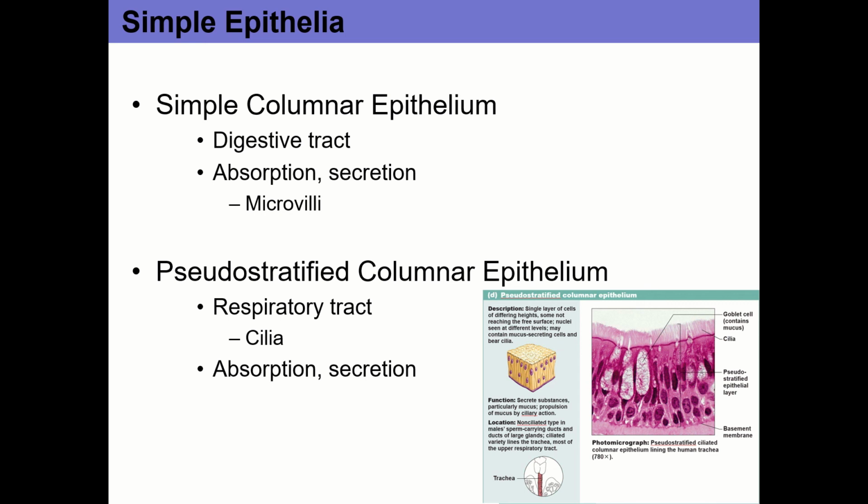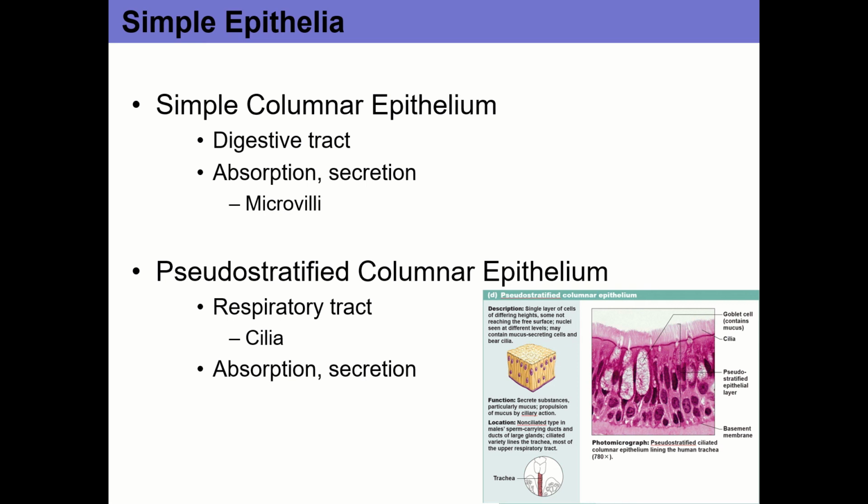In terms of secretion, you've got a bunch of goblet cells interspersed in here. Goblet cells produce mucin, which is a precursor to mucus, which then lines the respiratory tract. The job of mucus in the respiratory tract is to trap invading pathogens. That's really its primary job.